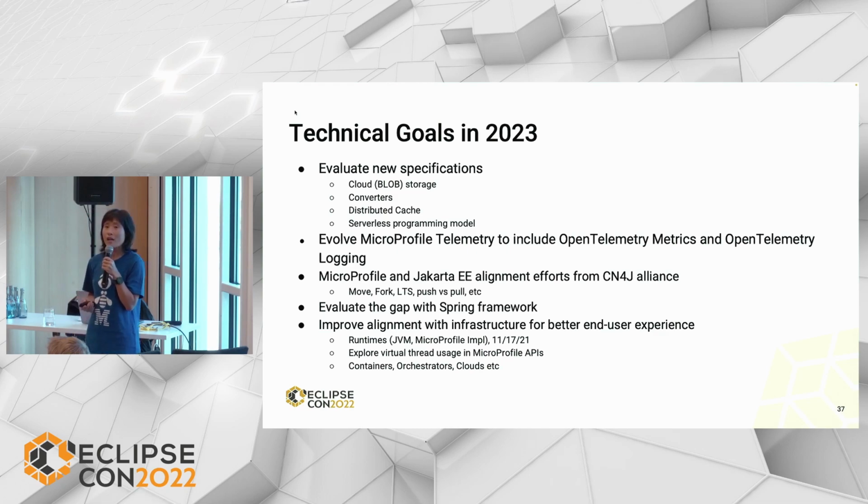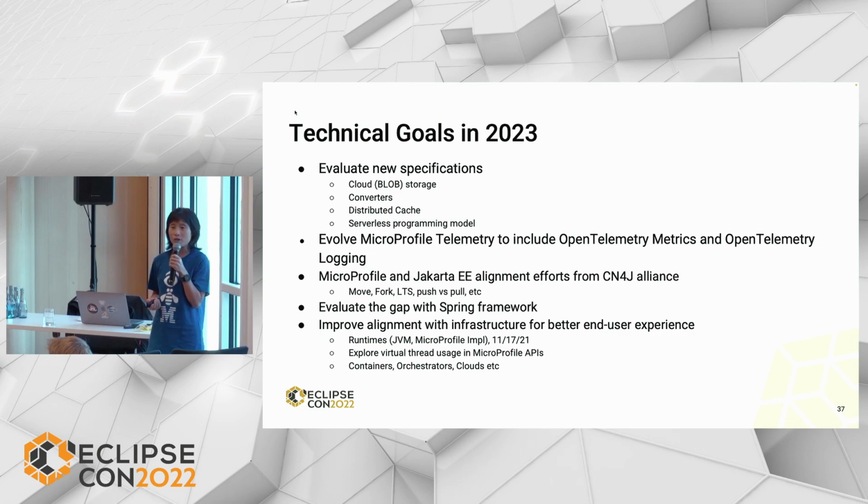Yeah, that's a good point. For the maturity of these standalones, they are pretty much mature. The reactive messaging is in production, and people use it. I know Quarkus supports it, Helidon supports it, and Open Liberty supports some of the versions. For context propagation, Open Liberty supports all of the versions, and I know Quarkus also supports it.